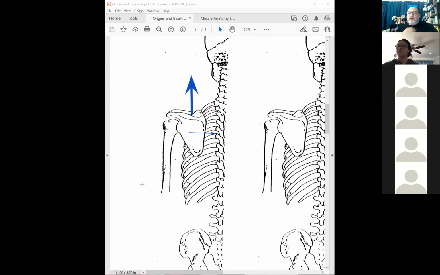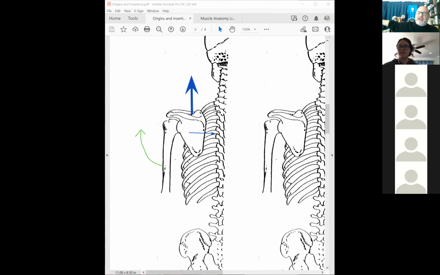And you guys said rotate as well. Let's take a look at this. Notice if I were to bring my arm out to the side, what would that action be called again? Abduction, yeah, bringing it away, abduction.